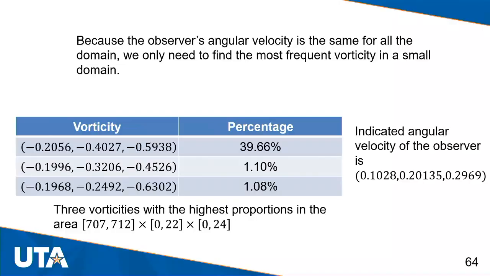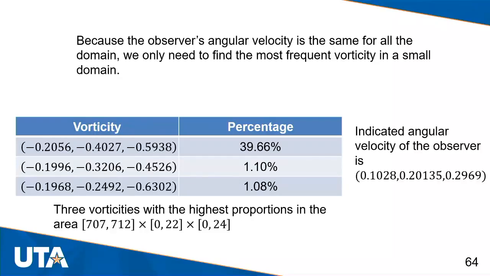This times 1/2 is the observer's angular speed. This times 1/2 gives 0.1028, and the error is very small, 0.22969.